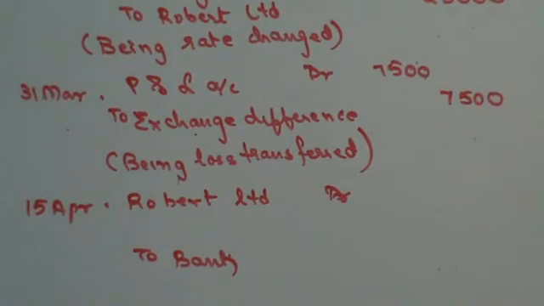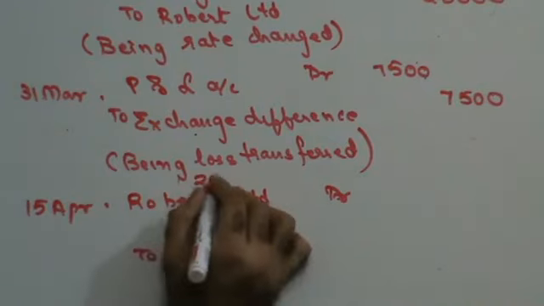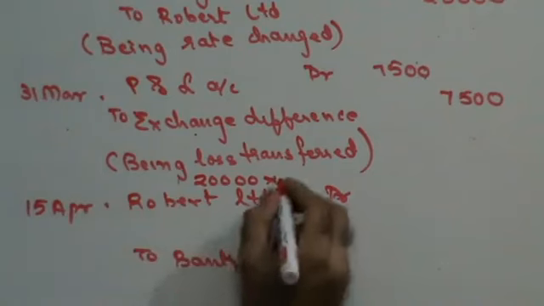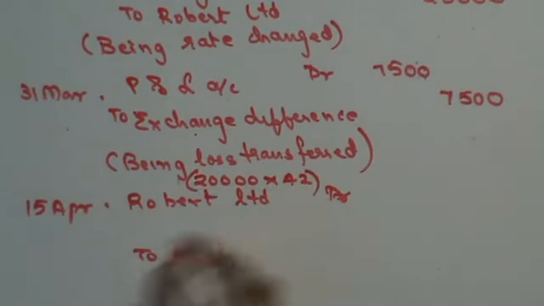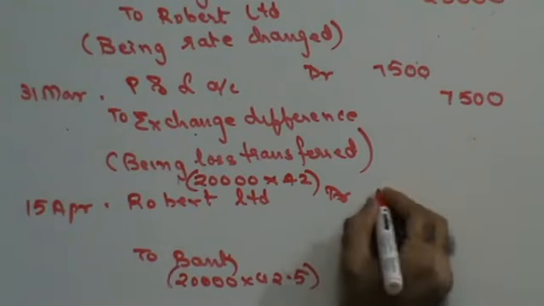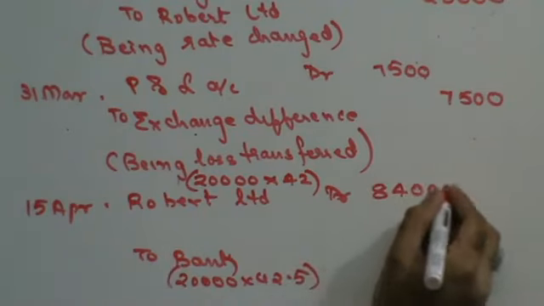You have to pay him $20,000 and you have already done the rate change. That means you will take the 31st March rate. So you have to pay him $20,000 at the rate of 42. And on the date of payment, on 15th April, it became 42.5. So this is $20,000 into 42.5. How much is 20? This is 8 lakh 50 and that is 8 lakh 40.